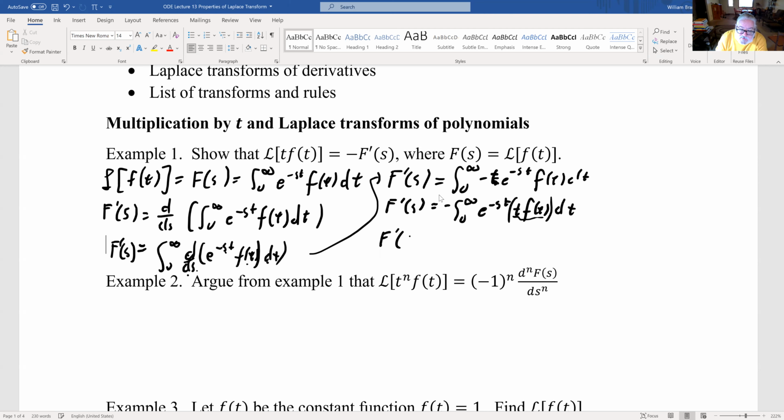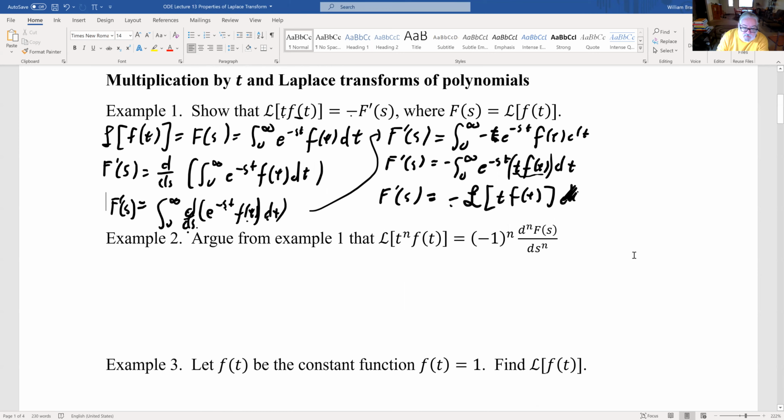But what the integral is then is e to the minus st times this function here. So F prime of s equals minus the Laplace transform of t f of t. So the Laplace transform of t times a function is minus the derivative of the Laplace transform. And so we can continue this.